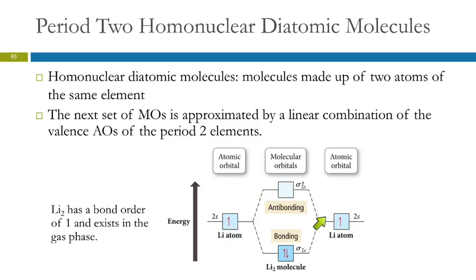So we take these 2 electrons and we put them into the molecular orbitals, and we've got 2 down here, and that's it. So then when we calculate bond order, we have 2 in the bonding orbitals, none in the antibonding orbitals, then we divide that by 2 and we have a bond order of 1, predicting that this does exist. And it does. In the gas phase, it's unusual, but it does exist.